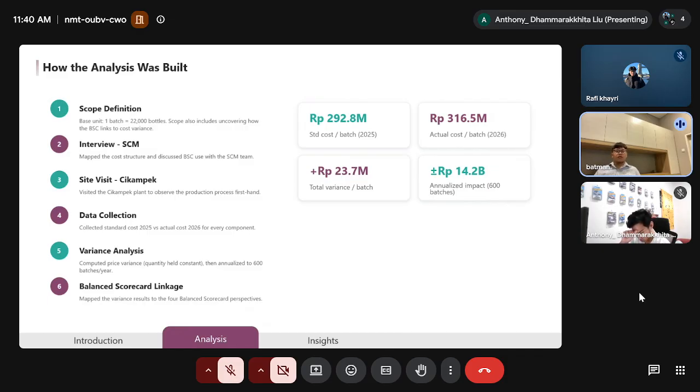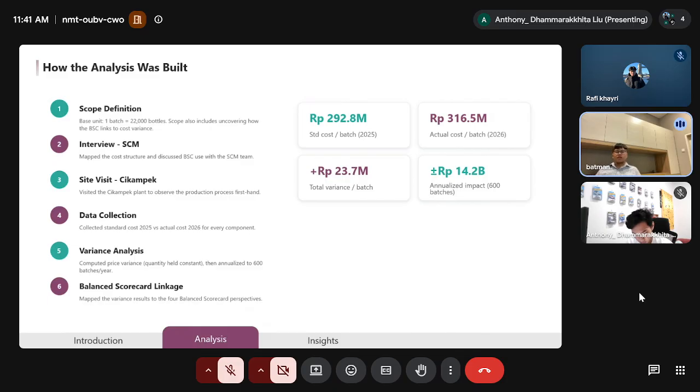Third, we visited the Cikampek plant to see the process with our own eyes. Fourth, we collected the data: the standard cost from 2025 and the actual cost from 2026 for every component. Fifth, we calculate the variance. And finally, we connected the result to the balanced scorecard.